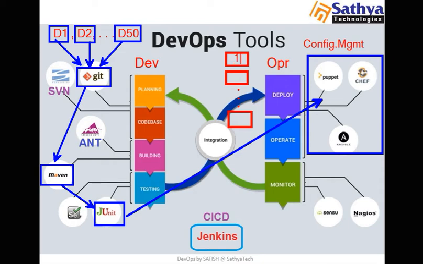In all these servers, I want to install some Java package or else Tomcat, MySQL. So different packages I want to install, and tools like Puppet, Chef, Ansible, SaltStack will do this job.